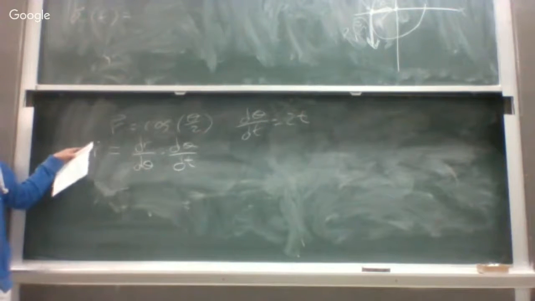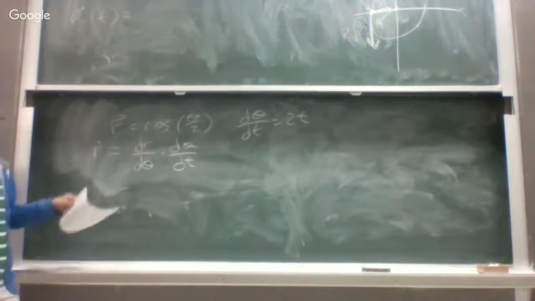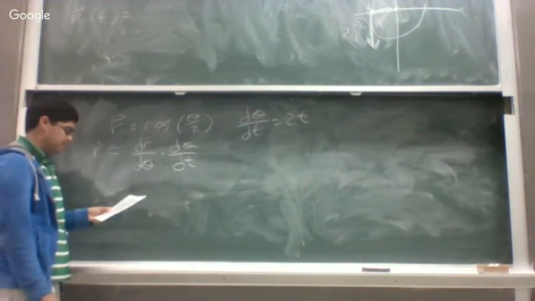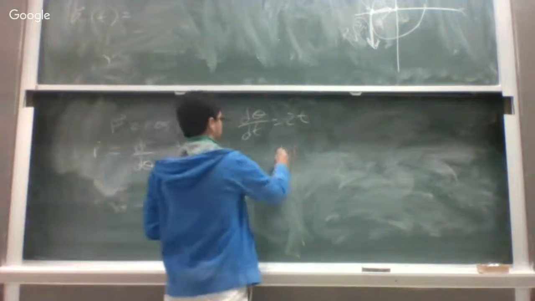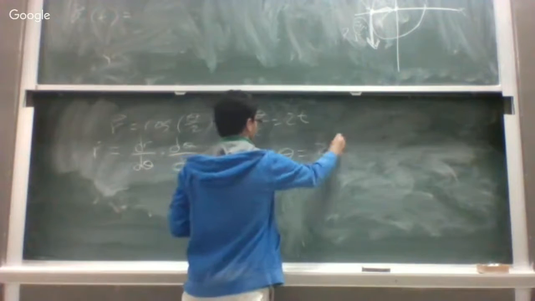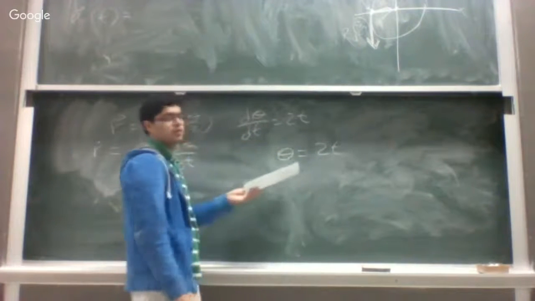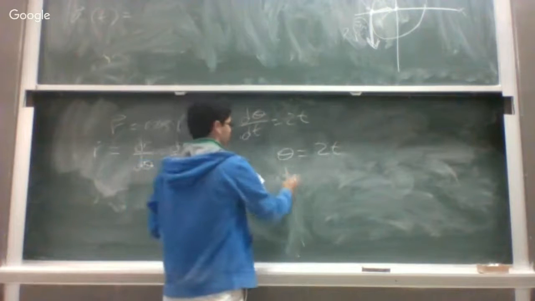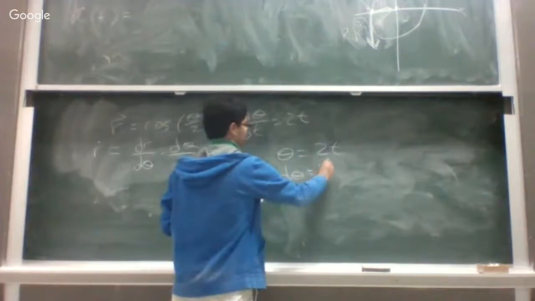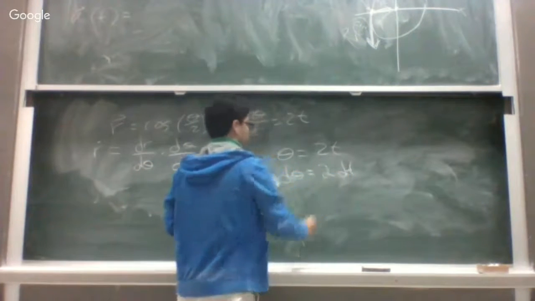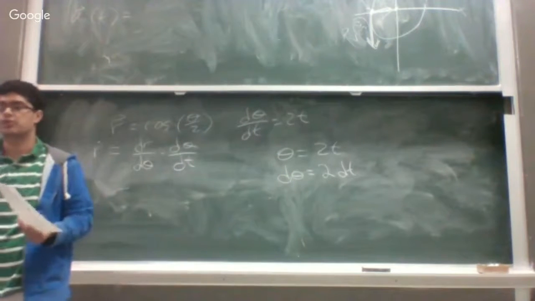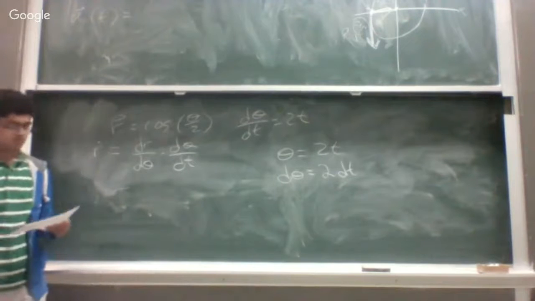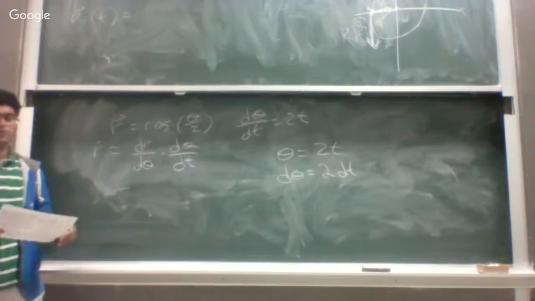That's what the dot always means. Okay? So you have your parts. They might not give you d theta dt. They might give you just theta is equal to, say, 2t. So then for this example, d theta dt would be equal to just 2. And then you'd make that substitution regarding whatever you're doing. So any questions on this problem?